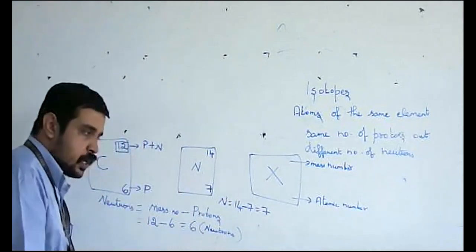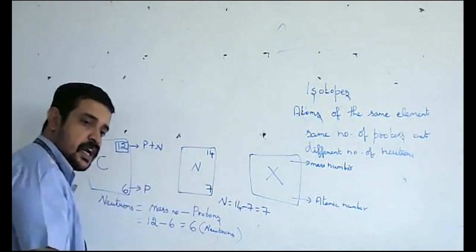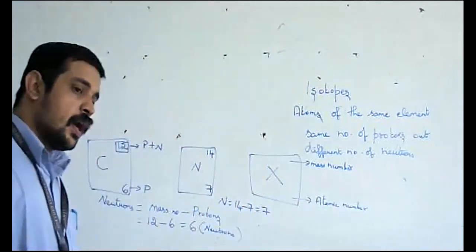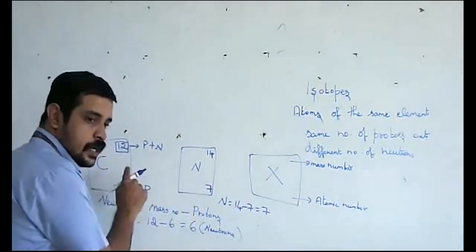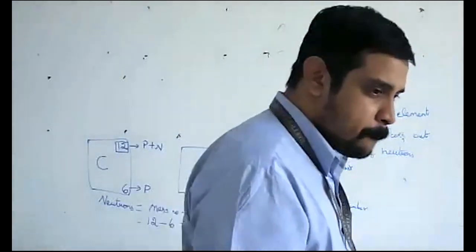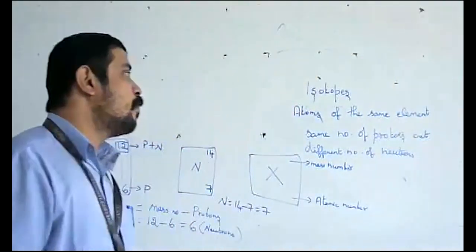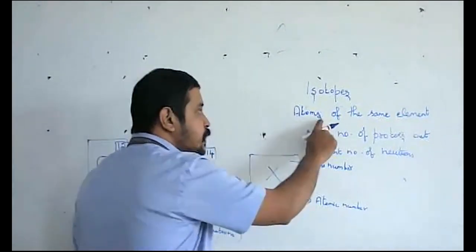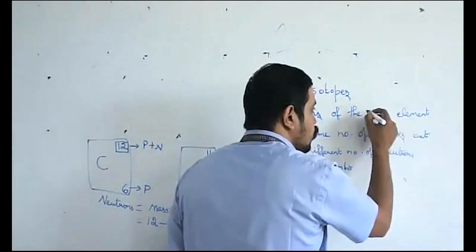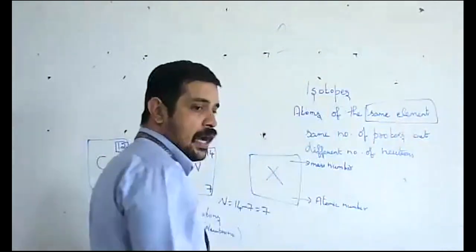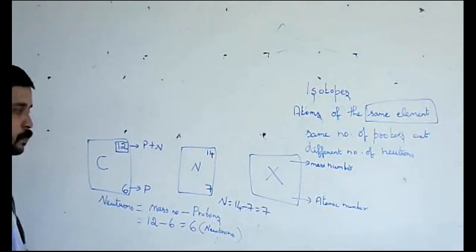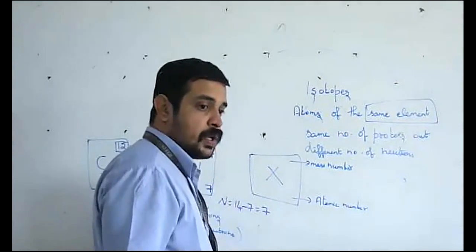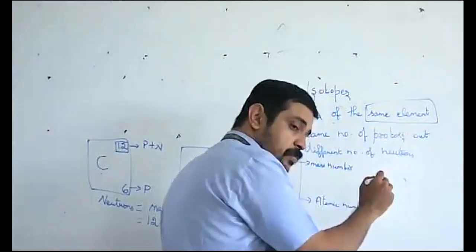Now, the question is, are these two elements considered isotopes? Please respond. No, sir. I hope you can understand from the definition. Why? Because it must be atoms of the same element. In the beginning itself, it is wrong. Here we have carbon, and here we have a different element.